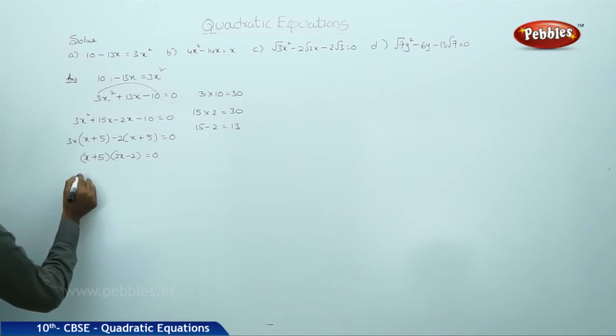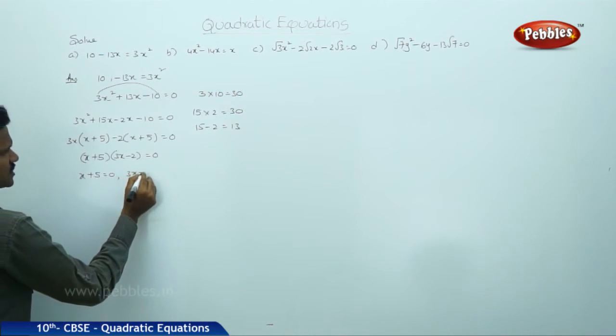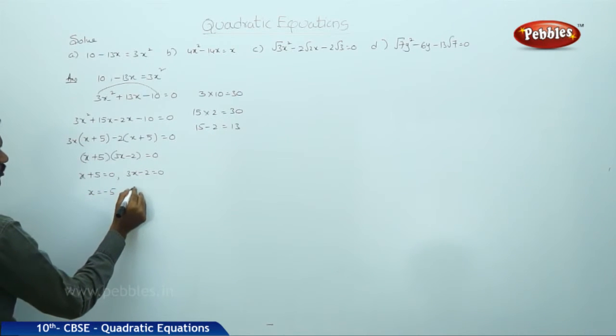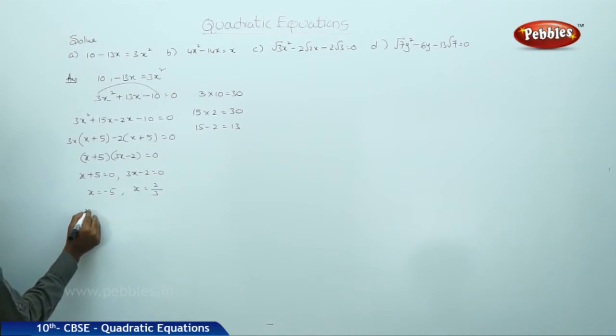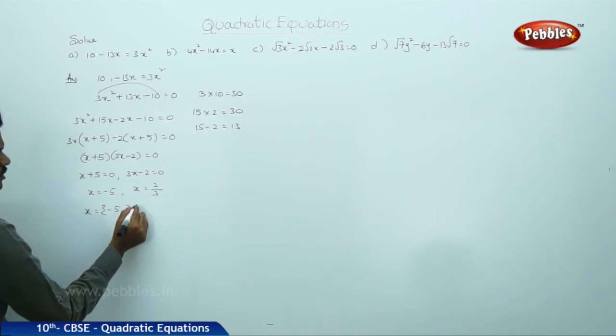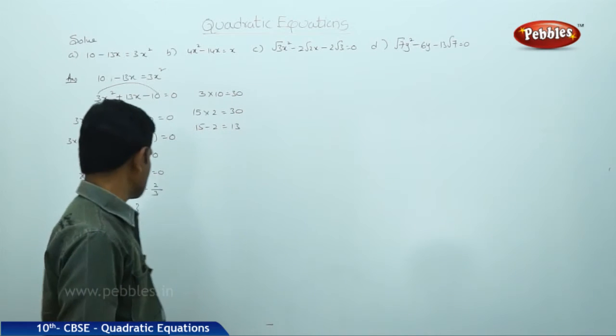That is, x plus 5 is equal to 0 and 3x minus 2 is equal to 0, so x is equal to minus 5, x is equal to 2 by 3. Therefore x is equal to the set of minus 5, 2 by 3, the solutions of the given quadratic equation.